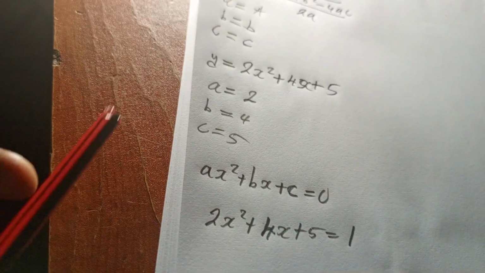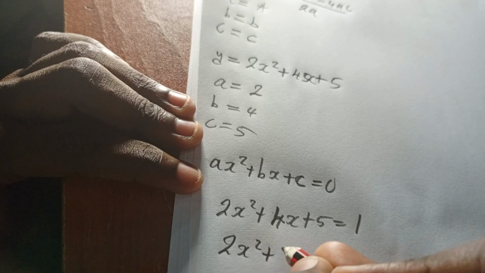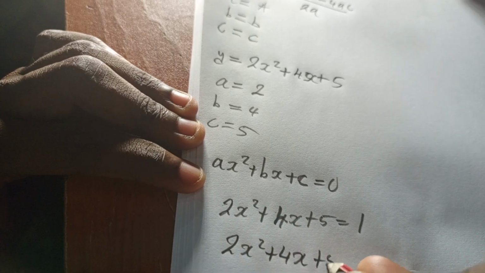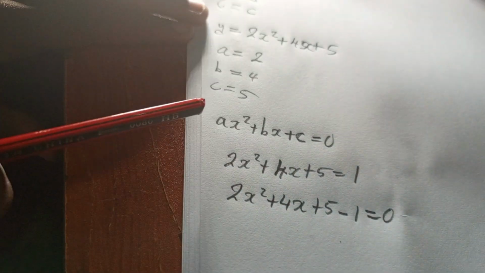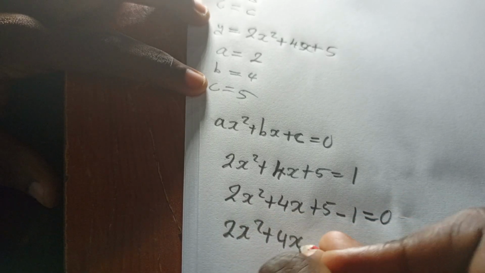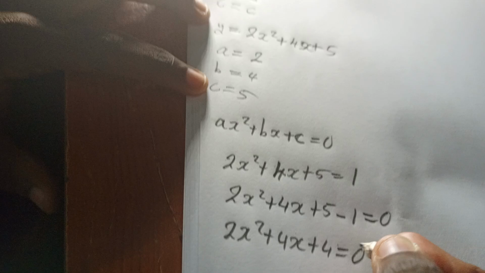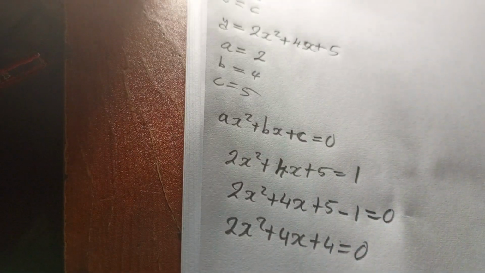So the 1 needs to come to the other side: 2x squared plus 4x plus 5 minus 1 is equal to 0. To proceed further, it will be 2x squared plus 4x plus 4 is equal to 0. That's when you can solve using the quadratic formula.